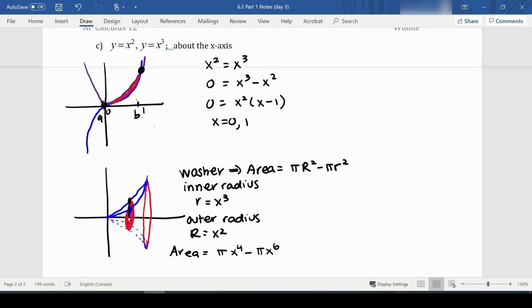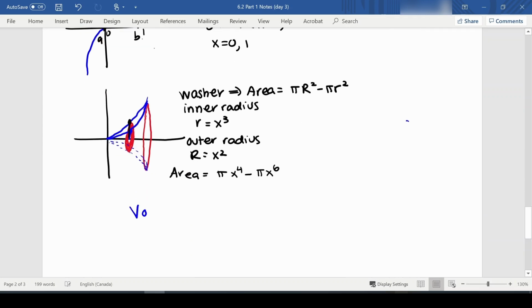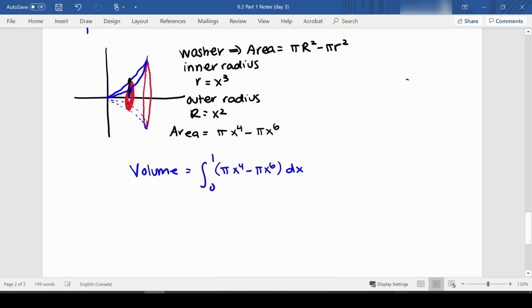So therefore, our volume is going to be the integral from 0 to 1 of pi times x to the fourth minus pi times x to the sixth dx, where cross sections are perpendicular to the x-axis, so our thickness is delta x. We are integrating with respect to x.